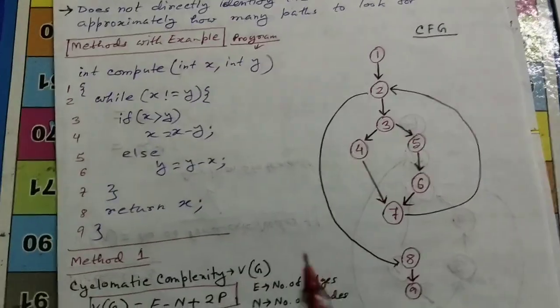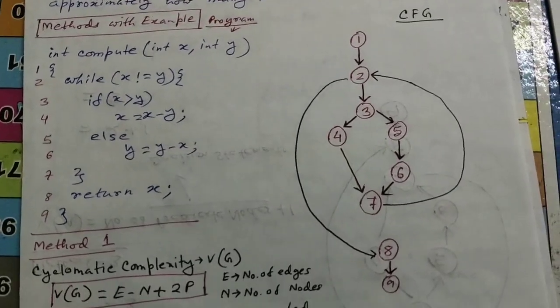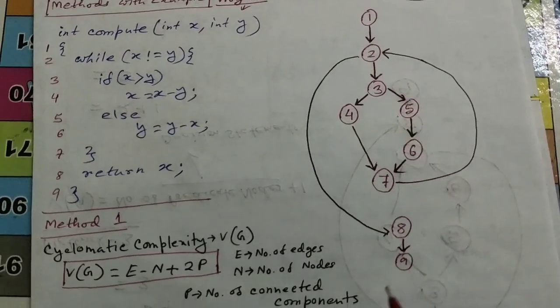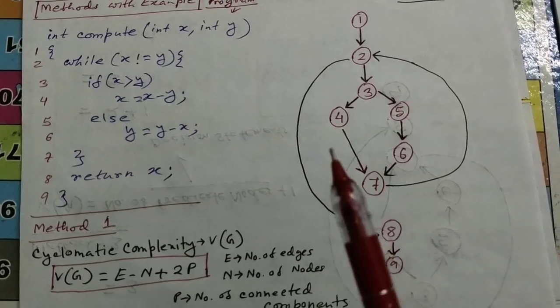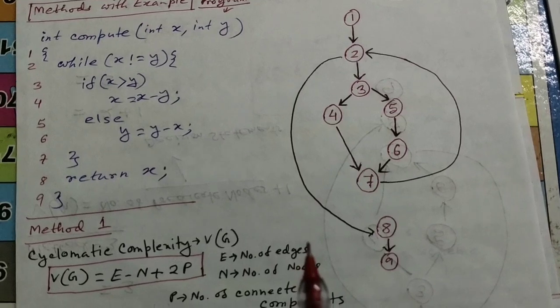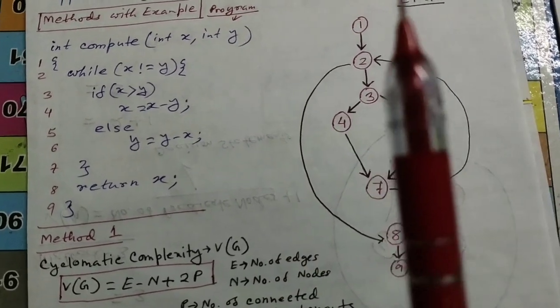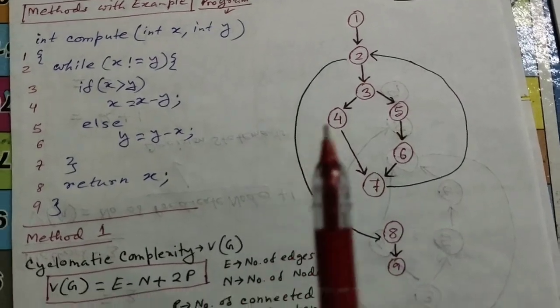But in this program segment, we are getting only 1 connected component, because from any node to another node, you can have at least one path. Okay, so if there exists at least one path between any two nodes, that is a connected graph.